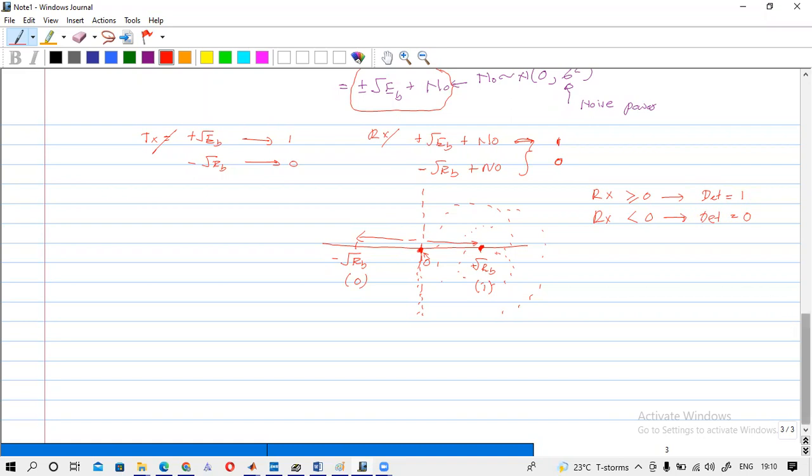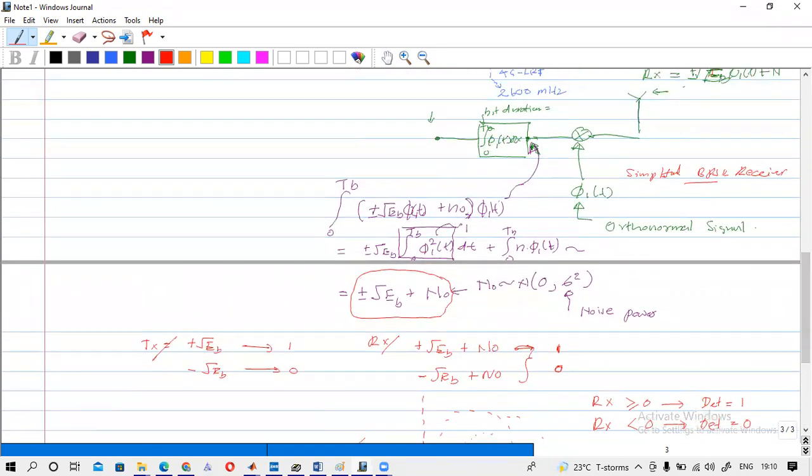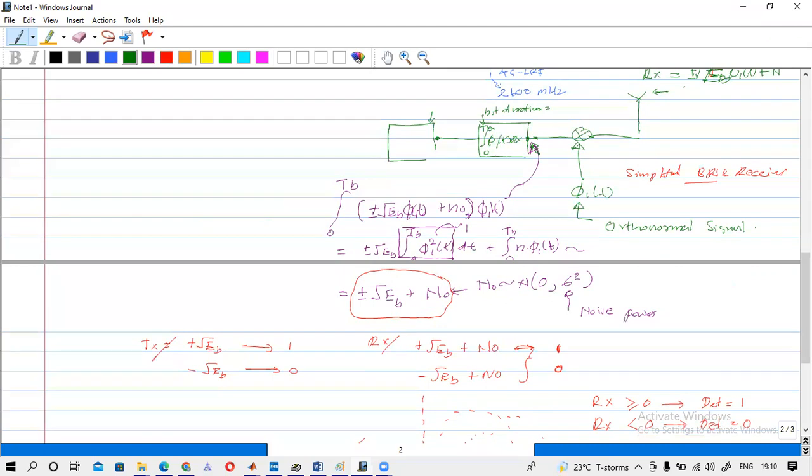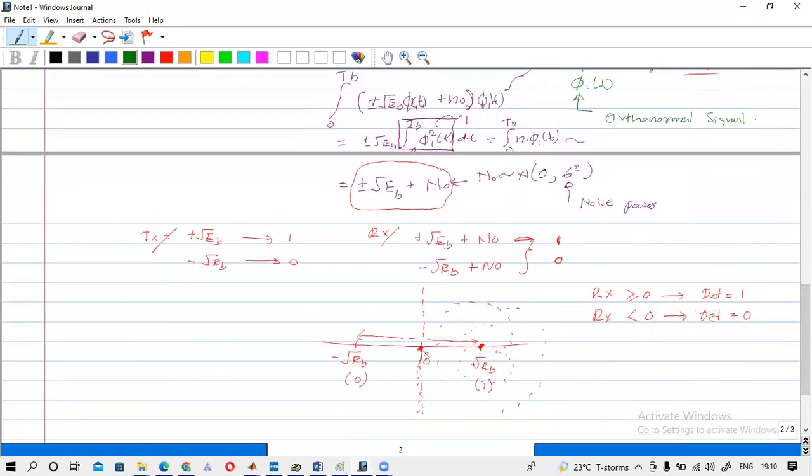So after this integrator, you have a decision stage here. Here you are going to decide the received bit, decoding it based on a value against the decision boundary.